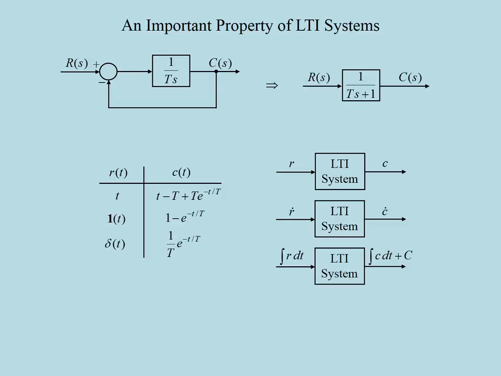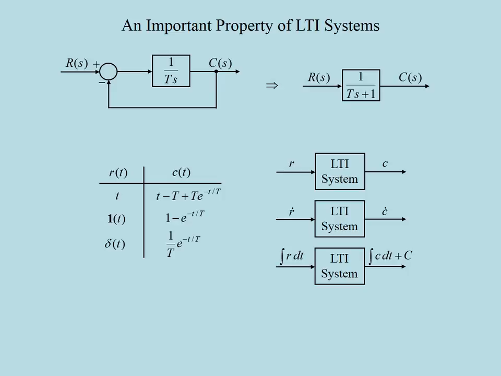This integration constant can be found using zero output initial condition. Moreover, this property is not limited only to differentiation and integration, but holds for any linear operation applied on the input side.